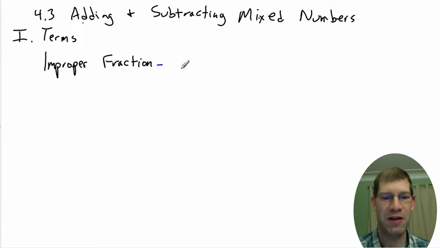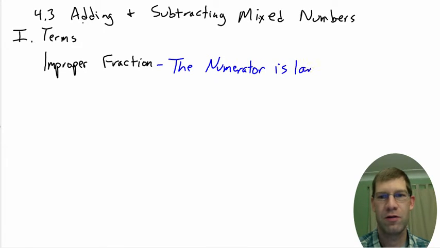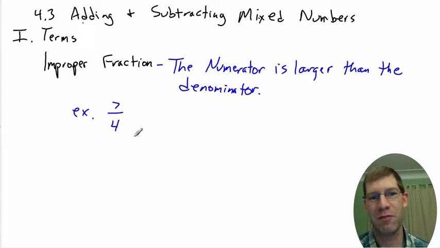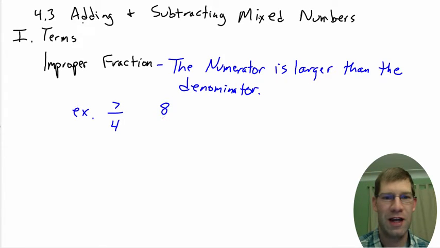Well, an improper fraction is where the numerator, the top, is larger than the denominator. So an example could be any fraction where the number on top is larger than the number on the bottom. So 7/4 would be an example of an improper fraction, or 8/3, something like that. So that's going to be my improper fraction.